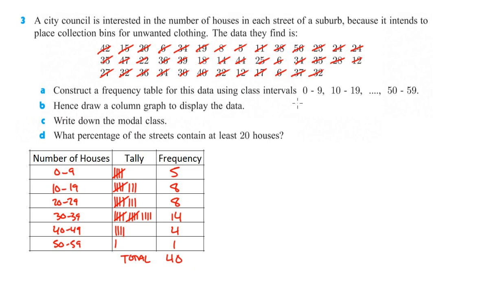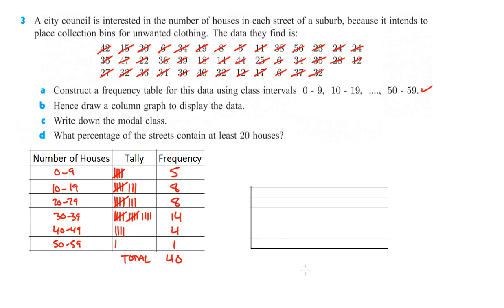Okay, so construct a frequency table. We did that. Draw a column graph to display the data. So let's do that too. All right. Here it can be a little column graph, and then we're going to want to make sure we put our scales on here, right?